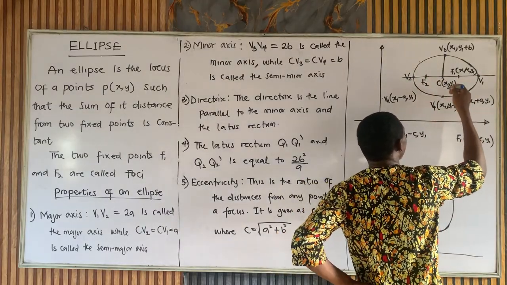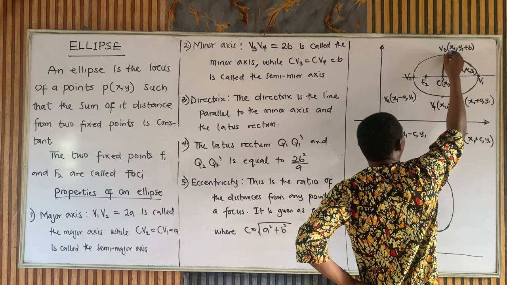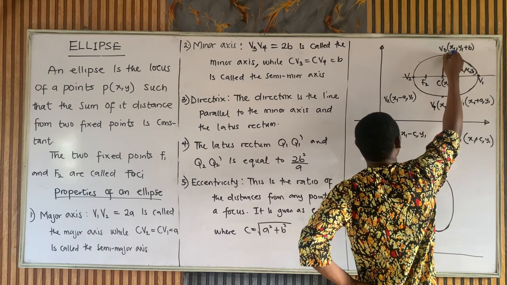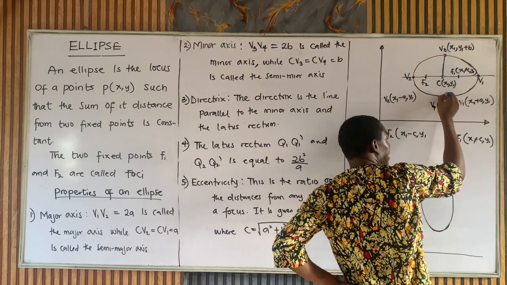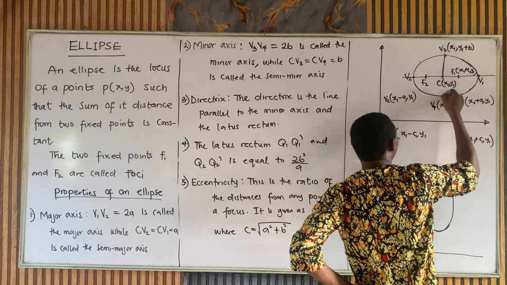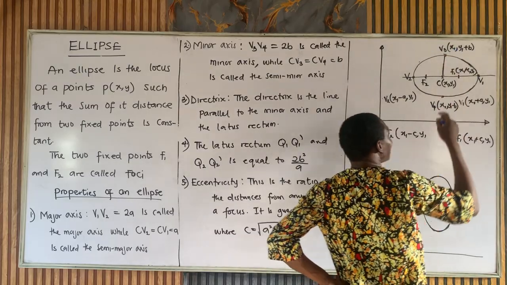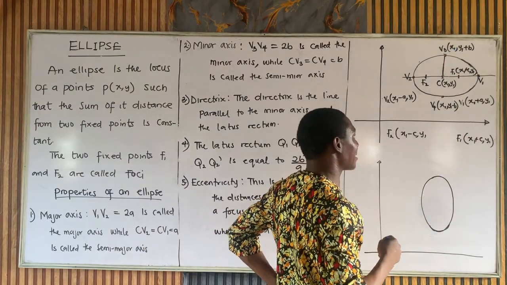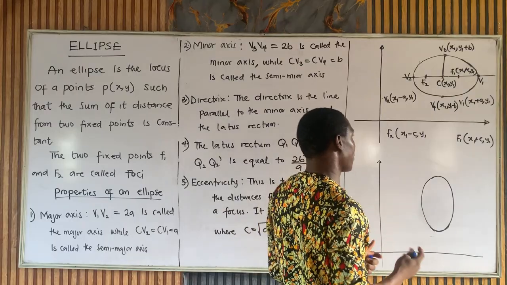Mind you again that the distance from here to here is B, and that makes up our semi-minor axis. From V3 to V4 is our minor axis, which is 2B.